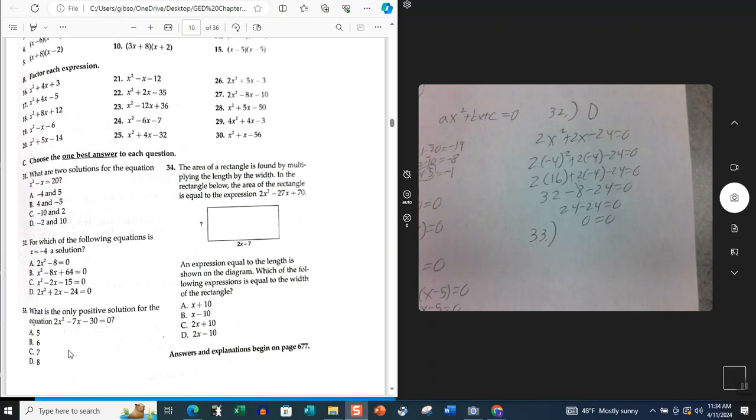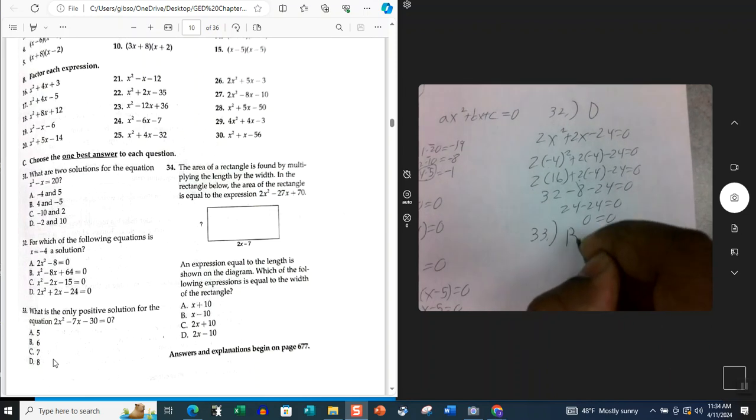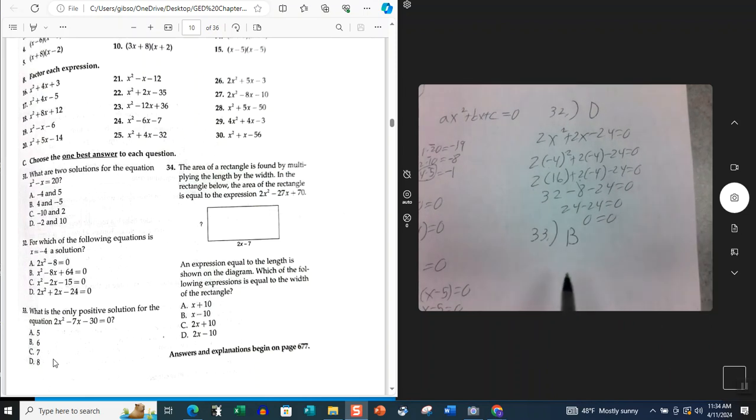Now, because we're just starting this out, I would just say go ahead and substitute until you get the answer being 0. So I would tell you it would be B for problem 33, which would be 6.